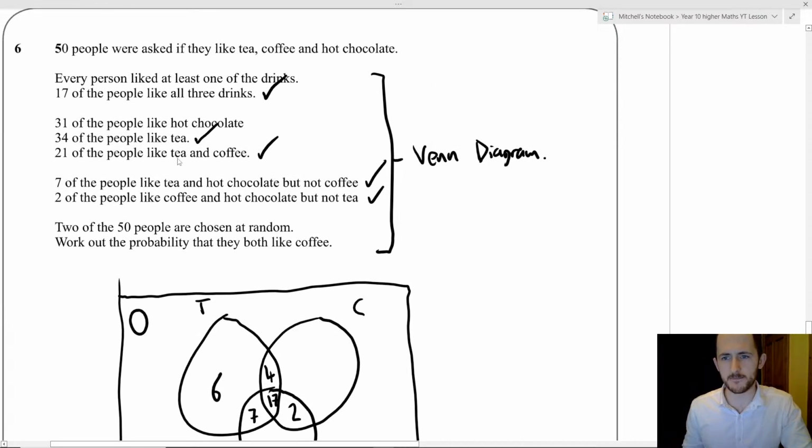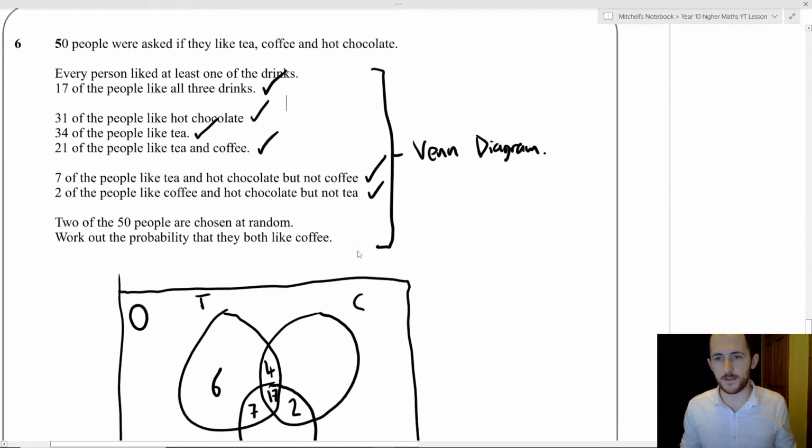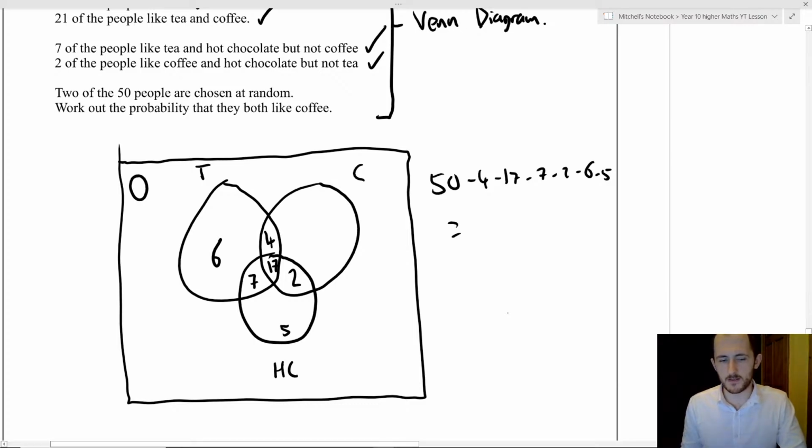So with the coffee, we use that information, where everyone likes 1 drink. So if we do 50, take away all of the rest of these numbers, so 4, we will get our final answer. You can still get method marks.